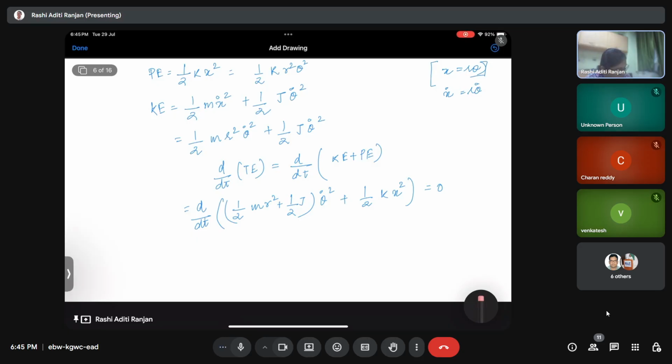I should not write it in terms of x, but in terms of theta. If I differentiate it, what is changing with respect to time? Only theta is changing. R is constant, M is constant, J is constant. So we'll just have to differentiate theta.